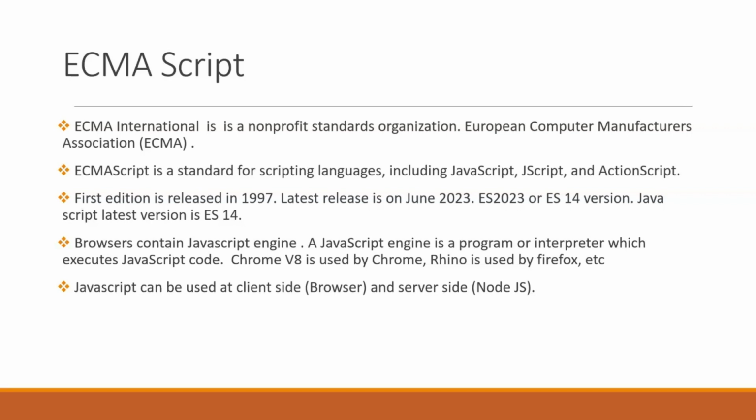And how can we run JavaScript code? We can run it in the browsers. Browsers contain a JavaScript engine. That JavaScript engine is a program capable of converting the JavaScript code into machine understandable code. Chrome, which is a popular browser we all know, internally uses Chrome V8 to run JavaScript, and Firefox internally uses Rhino to execute JavaScript.